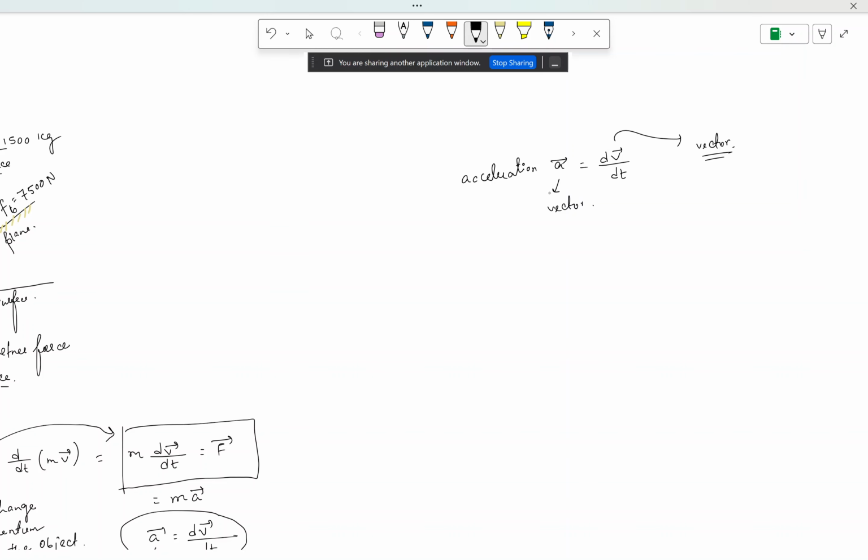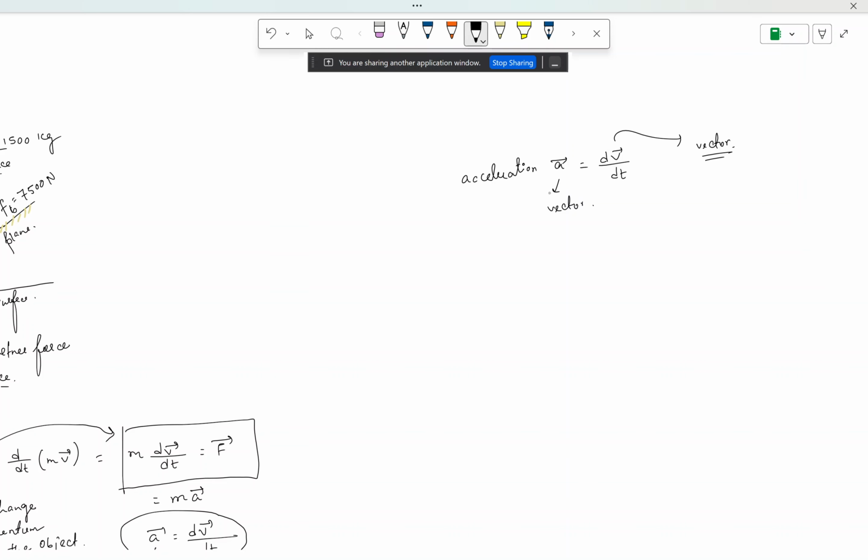The velocity magnitude is decreasing, so it is not constant. Or if you speed up the car, you are letting the velocity increase with respect to time. That means your dv by dt is non-zero, or whatever velocity you are moving with is continuously increasing or decreasing. It is not constant. So then you will say that you have an acceleration that you can experience.